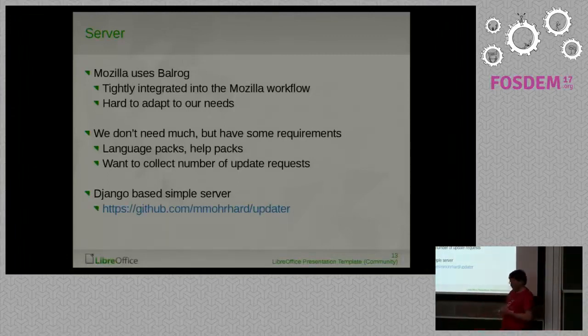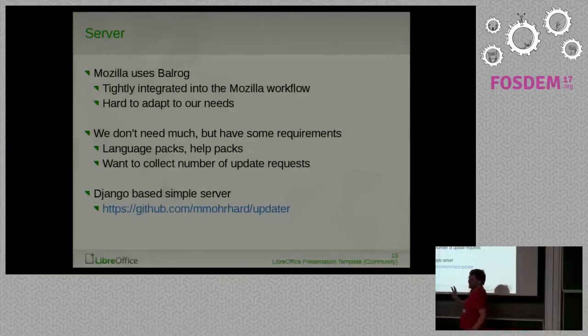We will send to the server the information about our build, and we get back a JSON file with the information about the update that's available, or if there's no update available at all. And LibreOffice then just downloads the update from the location that we provide.